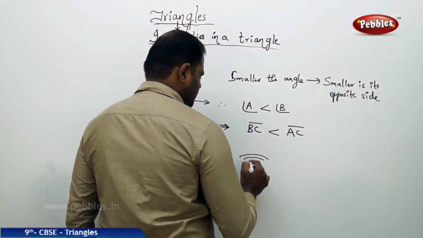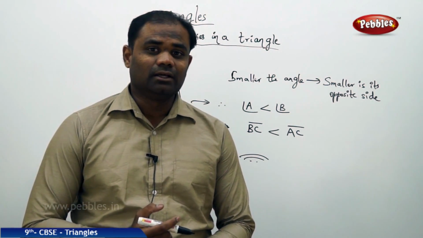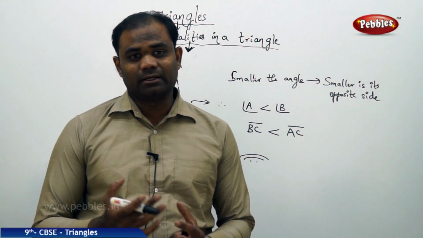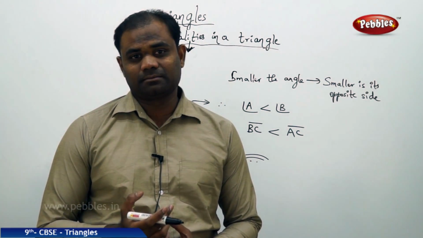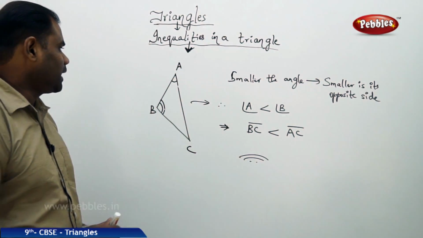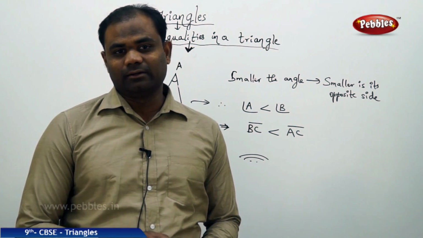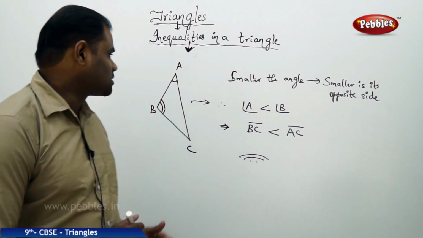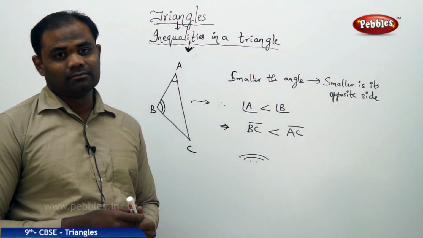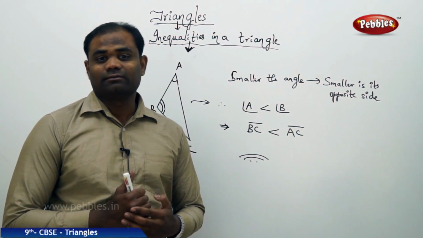This is how I understand the property connecting the angles of a triangle and the sides opposite to the angles. Smaller the angle, smaller is its side. So the property finally concludes that the side opposite to the smaller angle is the smallest side in the triangle, or the side opposite to the largest angle is the largest side of the triangle.